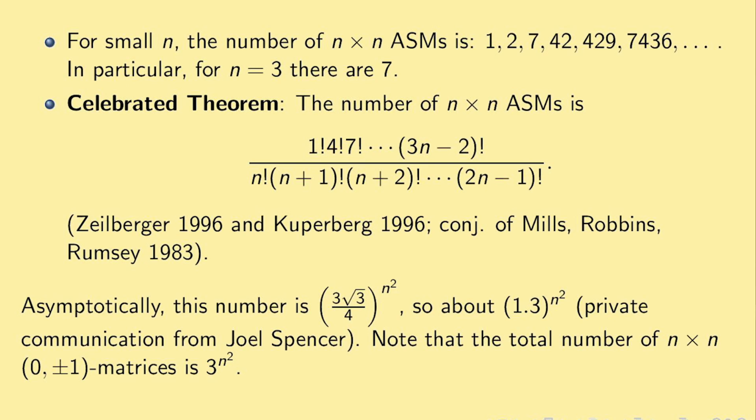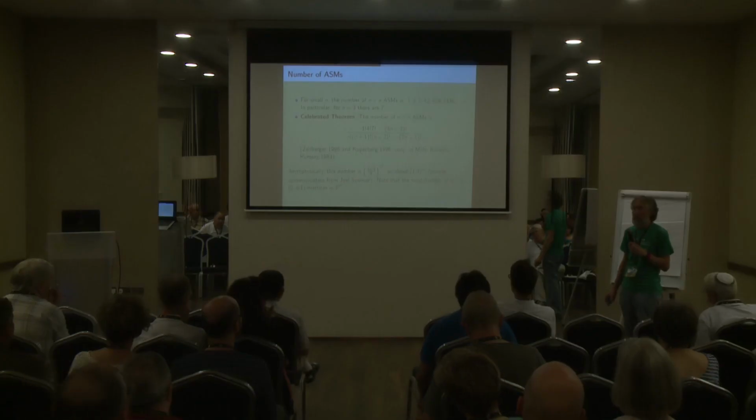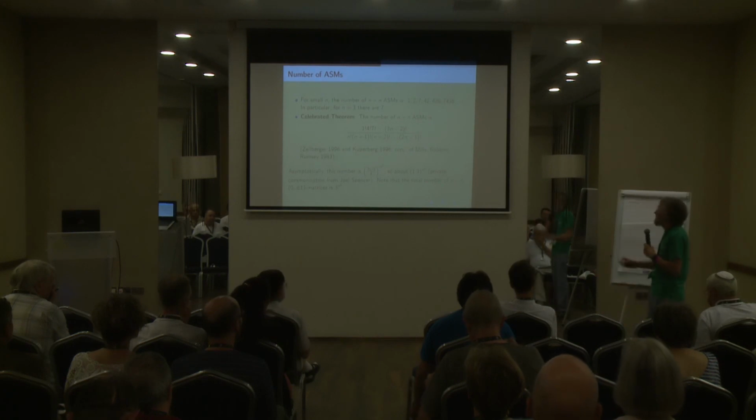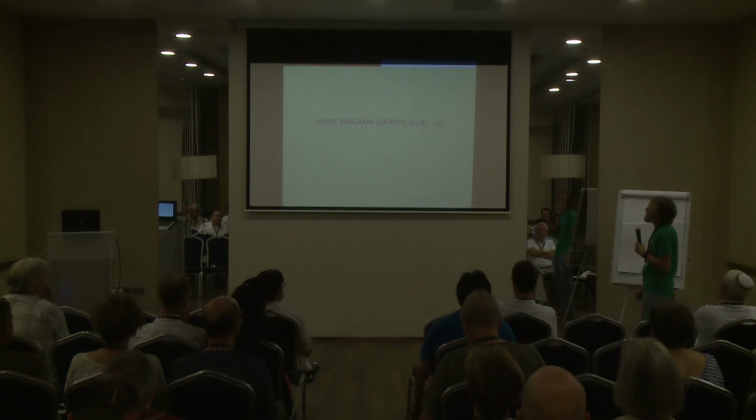So it's about 1.3 to the n squared, are the number of ASMs of order n, as opposed to 3 to the n squared, which is the number of 0, 1, minus 1 matrices of order n. He did this asymptotic analysis, and I haven't seen this in print. I'm not sure it will be, but I tend to quote this. All right.